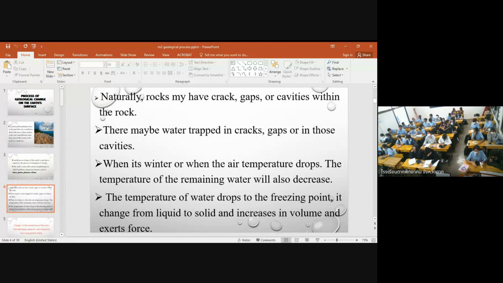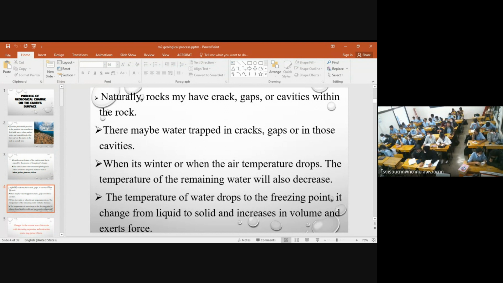So, naturally, rocks may have cracks. Some rocks have these cracks or gaps or cavities within the rock.